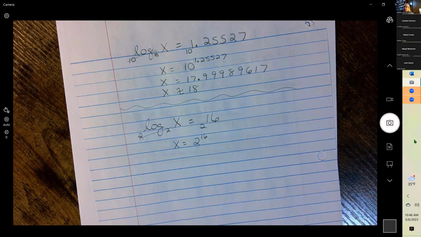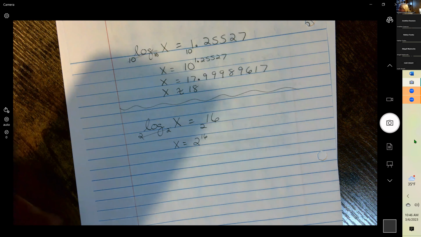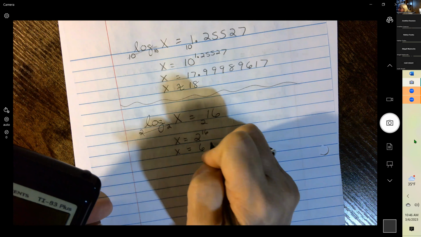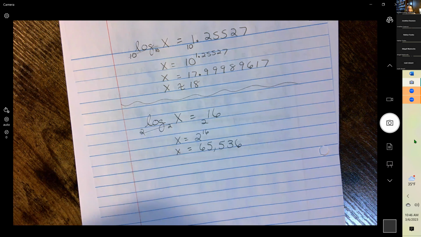And then 2 to the 16th. You should be getting 65,536. Any questions on that?